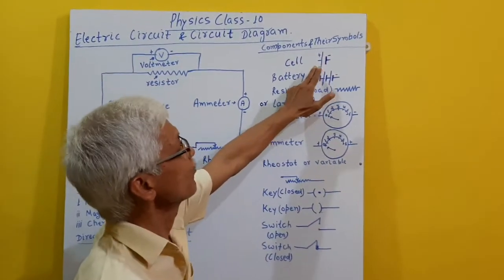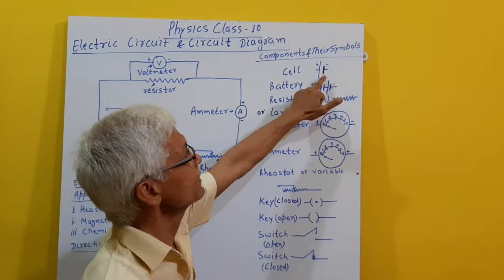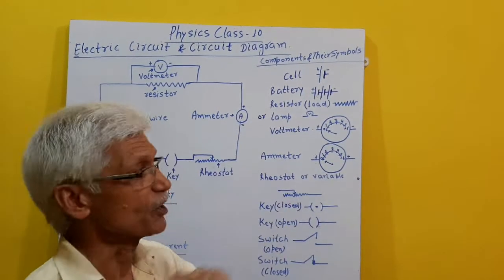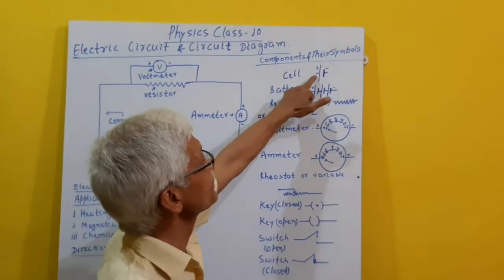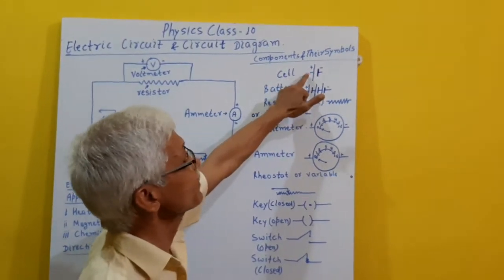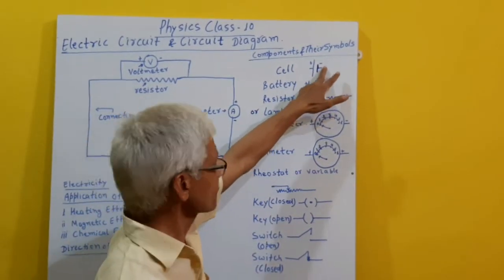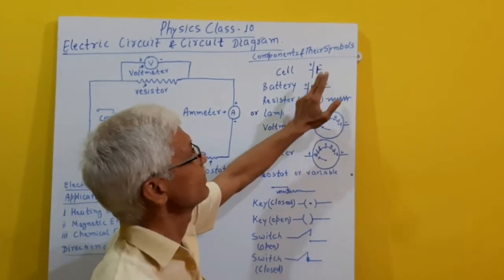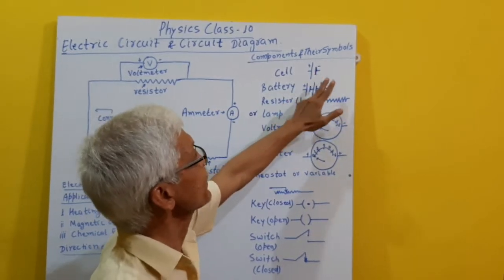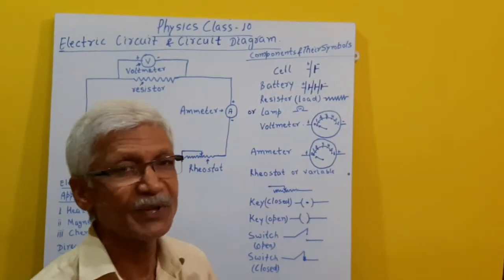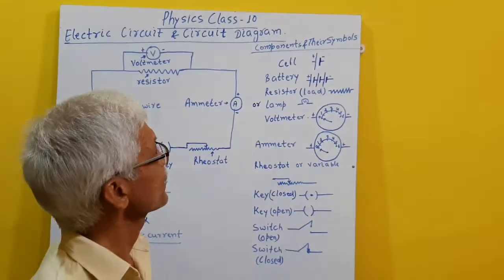They are unequal. One is longer and thinner, and the other is thicker and shorter. The longer and thinner strand indicates the positive terminal of the cell, and the shorter and thicker strand indicates the negative terminal of the cell.